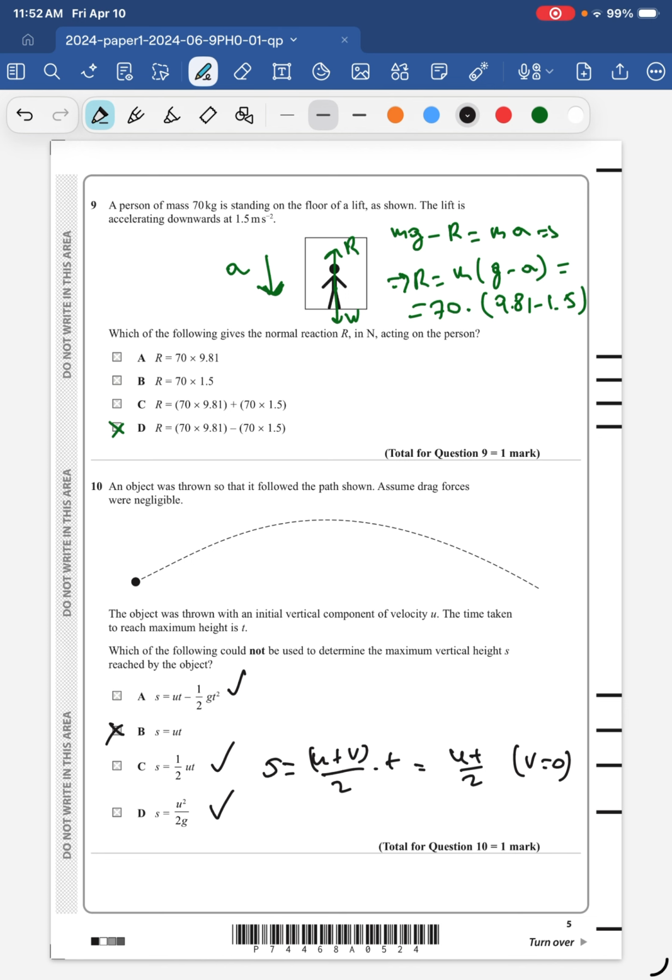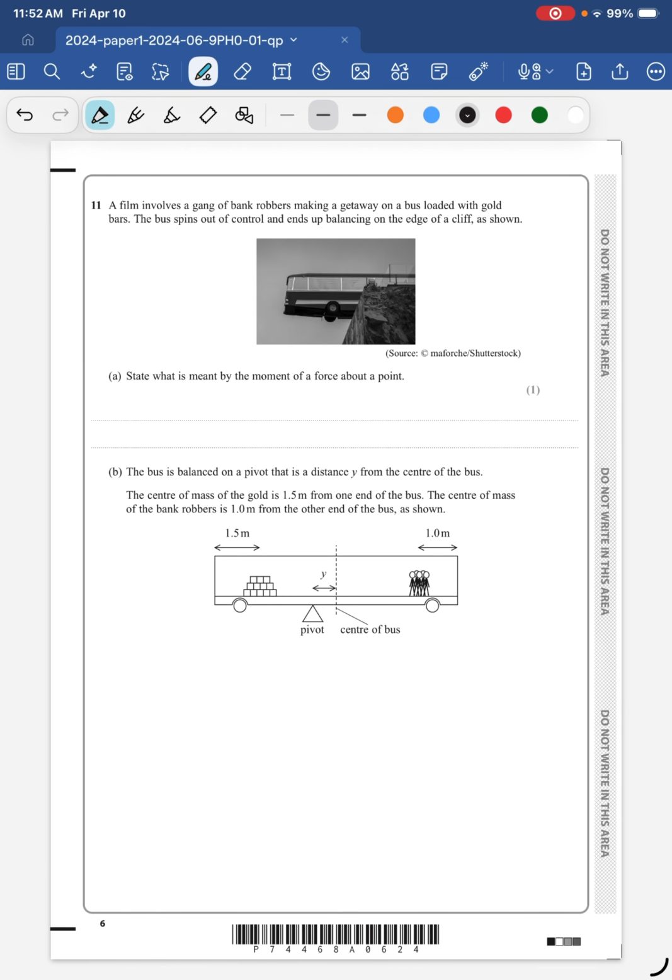So let's move on. Question 11, a film involves a gang of bank robbers making a getaway on a bus loaded with gold bars. Okay, that's interesting. The bus spins out of control and ends up balancing on the edge of a cliff as shown. Pretty cool. Okay. State what is meant by the moment of a force about a point. So let's write this as an equation.